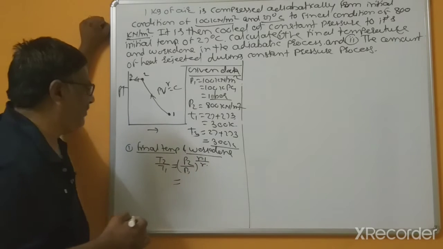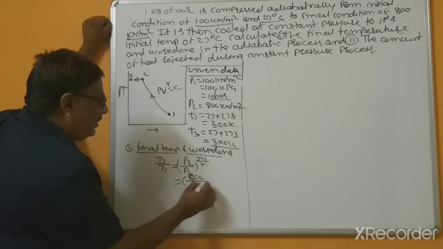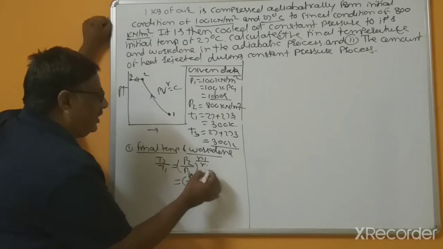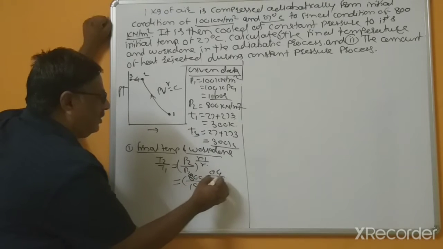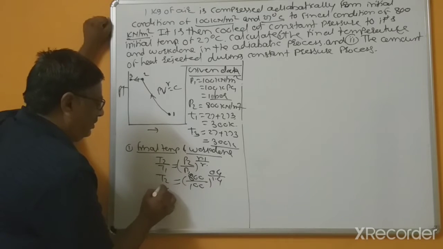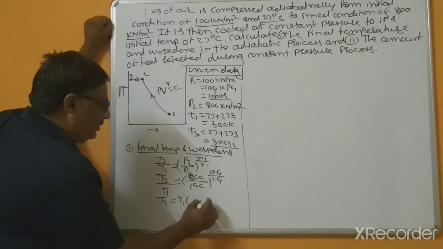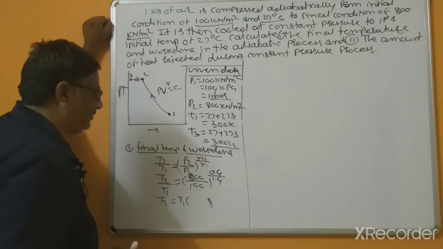For the adiabatic process, P2 divided by P1 is 800 divided by 100, raised to 0.4 divided by 1.4. So T2 equals T1 multiplied by these terms.